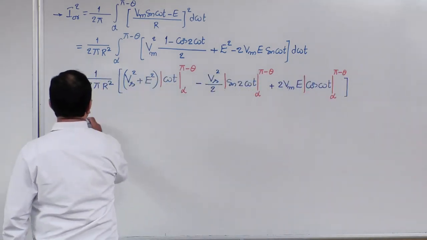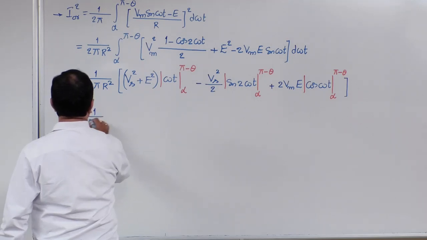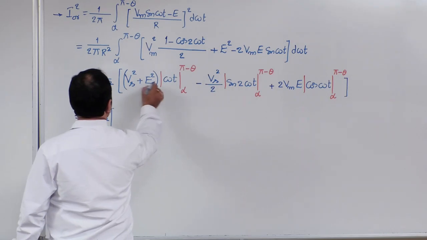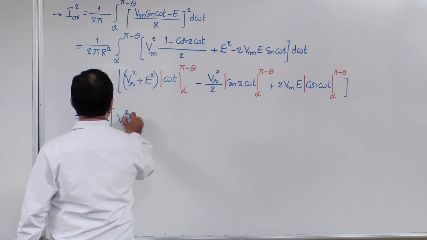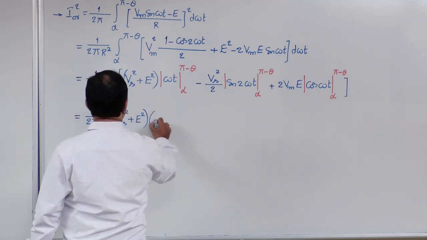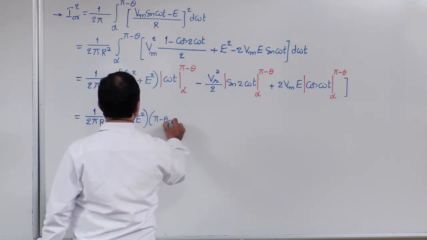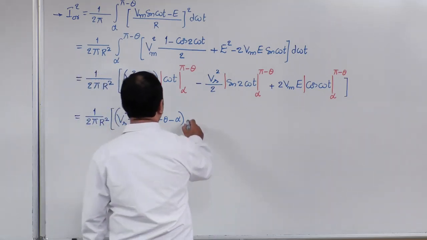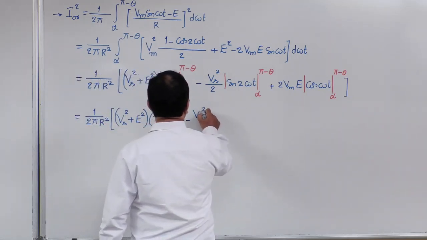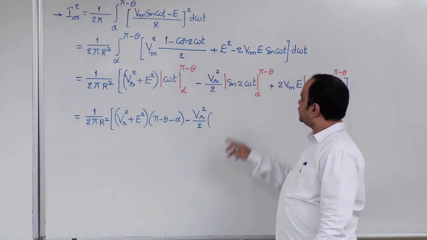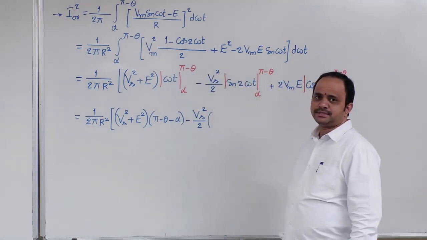Next, let us substitute the limits. 1 by 2 pi R square, Vs square plus E square into pi minus theta minus alpha, minus Vs square by 2 into, what is the upper limit?